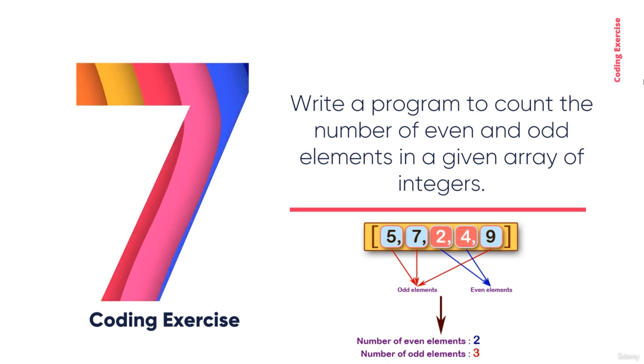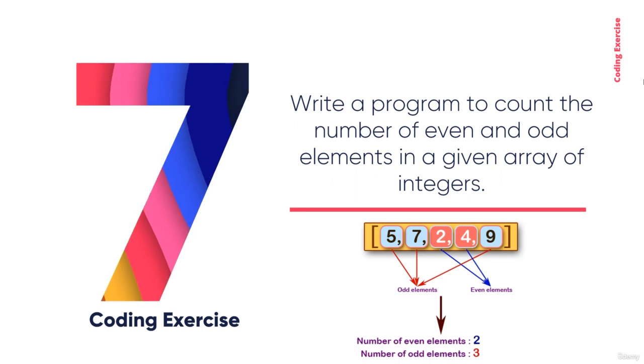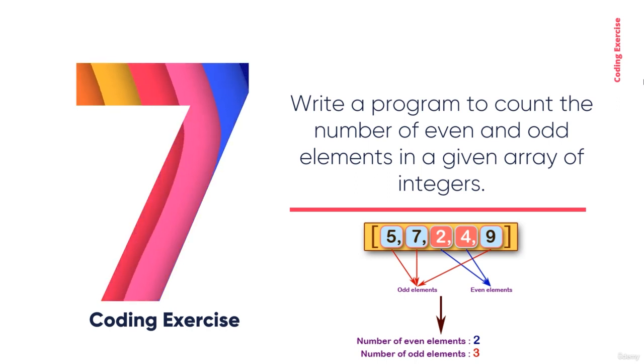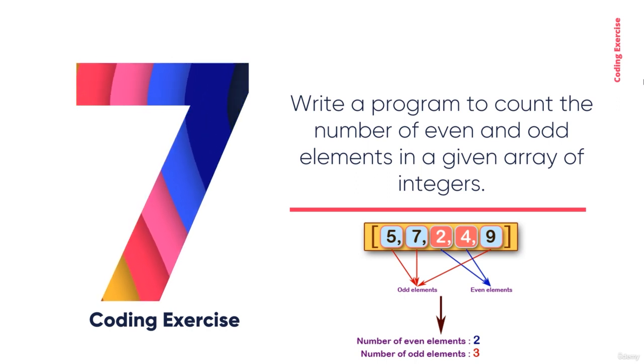So the program will display for us that the number of even elements is 2 and the number of odd elements is 3. So the goal of this exercise is to ensure that you understand decision making and work with arrays and conditional statements.